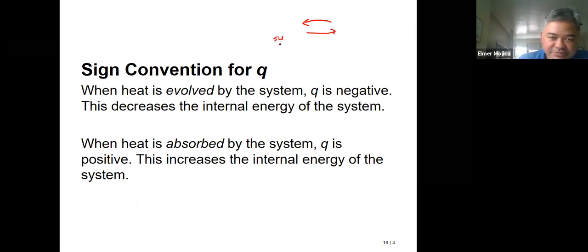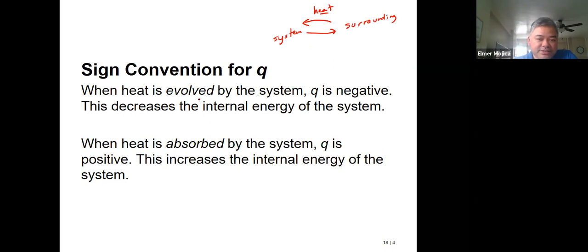So there's a system here, and this is the surrounding. The energy that goes into the system and out of the system, that's what we call the heat. So there's an exchange there.